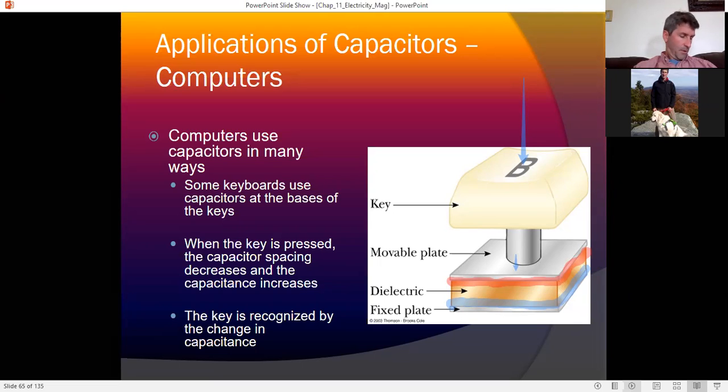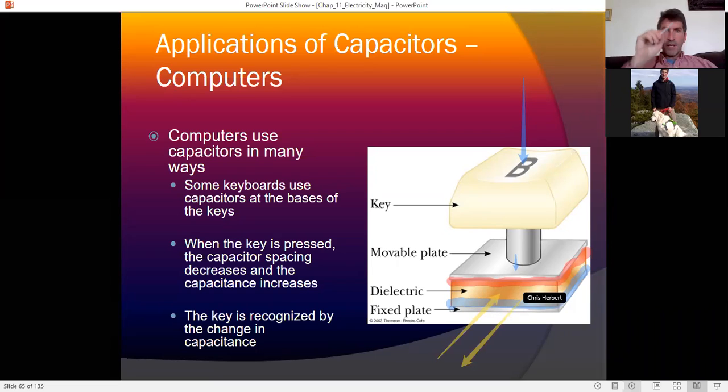And the computer goes, oh, that key's been compressed because I'm seeing electricity, current flowing to those capacitors. So when I press it, charge flows to that. And passing through the wires, the computer suddenly is aware, oh, key B is being pressed. Now, when I take my finger off that, the plates spread apart, and now the electricity goes the other way.